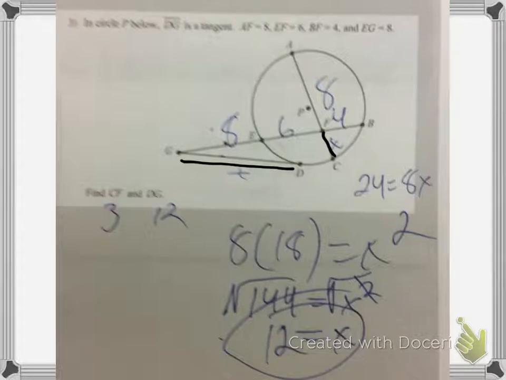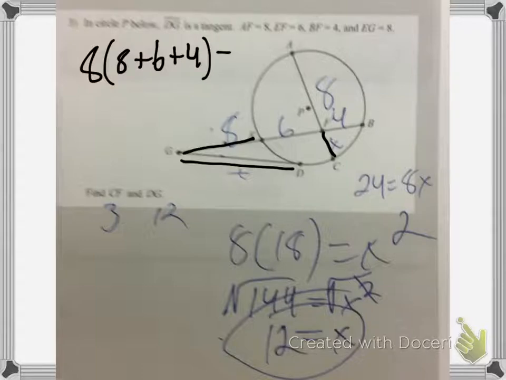So right here, for the first one, I say 8 outside times the whole thing, because it's a secant and a tangent. So the whole thing would be 8 plus 6 plus 4, which will give me 18.